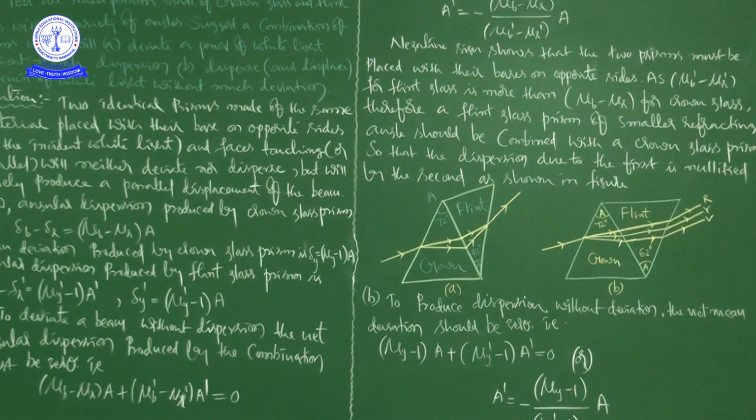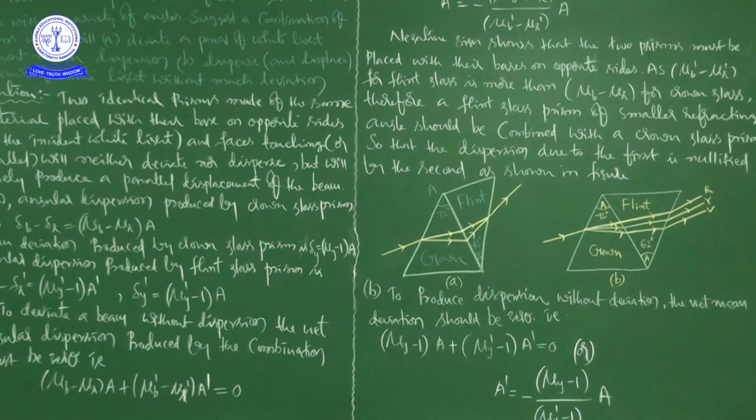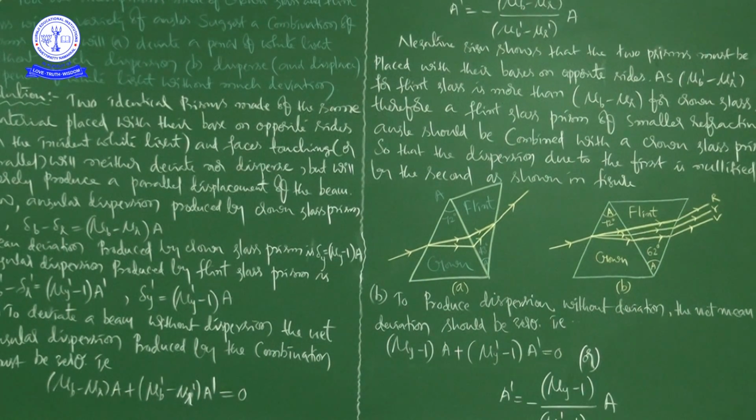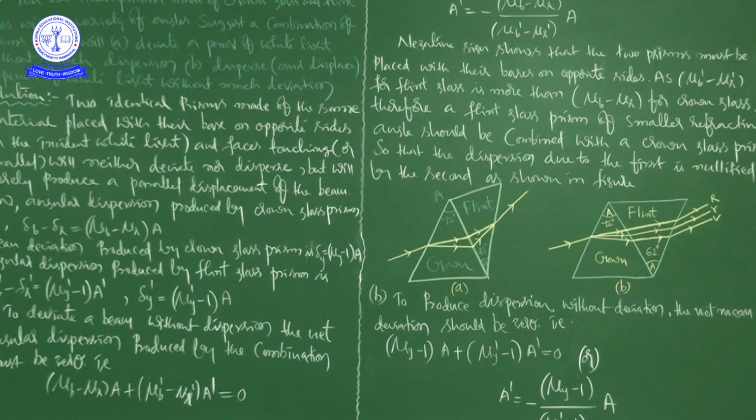He is explaining the process to achieve the requirement. However, the flint glass prism angle will still be smaller than that of crown glass, because flint glass has a higher refractive index than crown glass.